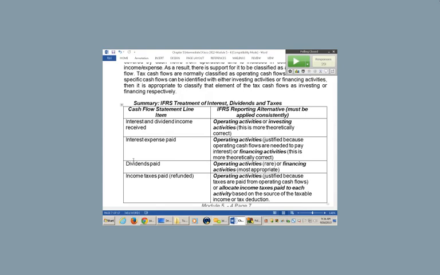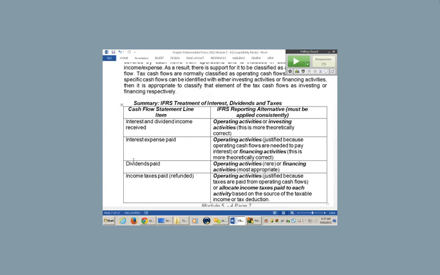Now, theoretically, financing makes more sense, but from what I'm reading from IFRS statements and literature, a lot of people believe that it really belongs in operations, especially if the interest is what? Used to finance acquisitions of inventory.